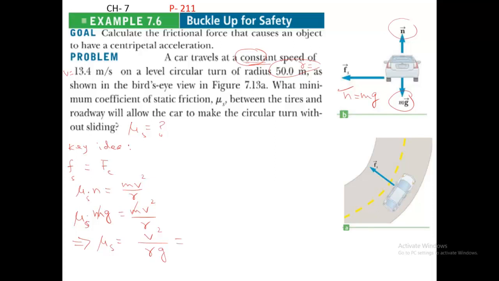V is given to you as 13.4, R is given as 50, and g is 9.8. You get mu s finally 0.366. It has no unit because it is simply a ratio between two forces.